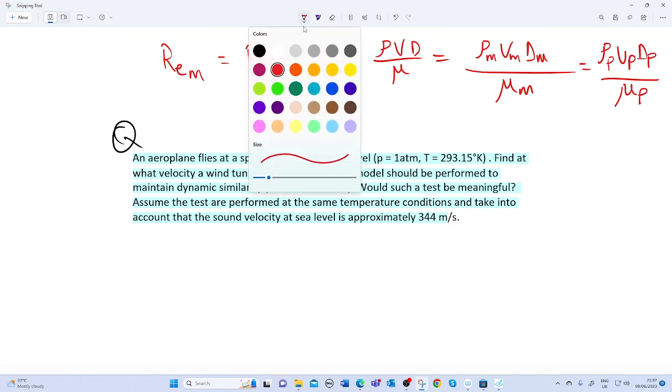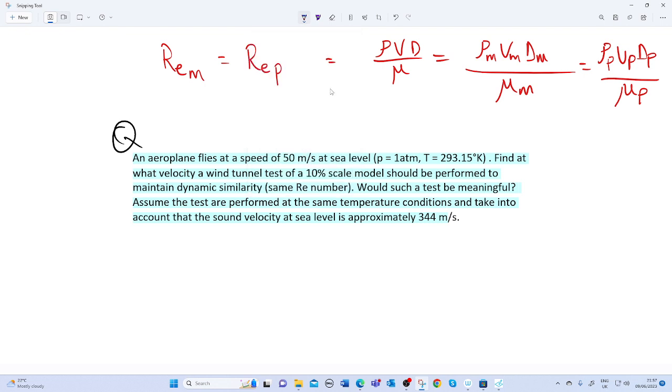Now, from this particular equation, we were told that the tests were performed under the same temperature condition and other same conditions. So therefore, the viscosity of the model will be equal to that of the prototype, so that will be cancelled. The densities are the same, so the density will be cancelled.